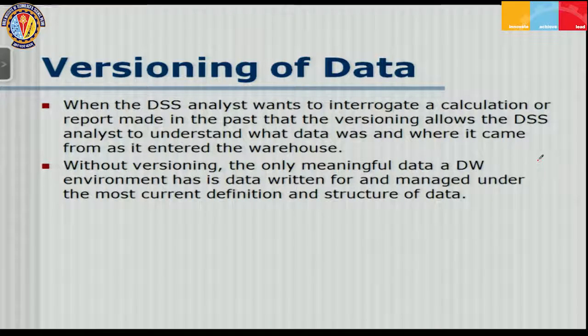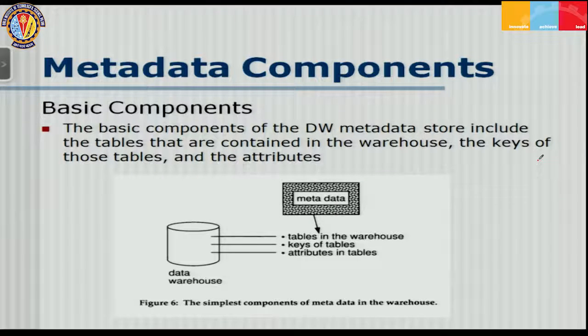Without versioning, the only meaningful data a data warehouse has is data written for and managed under the most current definition of structure of data. We know that in data warehouses we deal with historic data, so without versioning, this is not going to work.